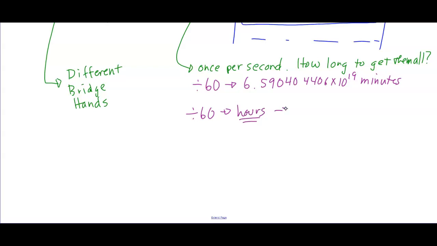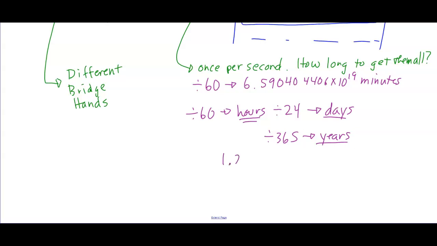So then, let's take the hours, and let's divide by 24 to get days. So it's taking days, it looks like. It's still scientific notation. I still don't really know what I'm talking about here. So, okay, let's divide by 365 and get years. It's going to take years to go through all the different bridge hands. It's still scientific notation.